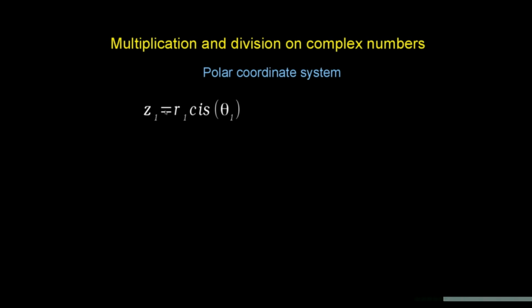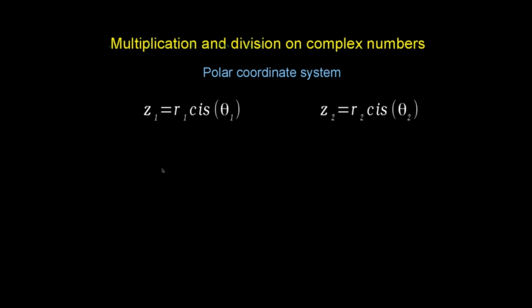Now let's focus on the easier way, which is by using the polar coordinate system. So if we have a complex z1 equal to r1 cis theta 1 and a complex z2 equal to r2 cis theta 2, let's see how we can do the multiplication and division of these two complexes.